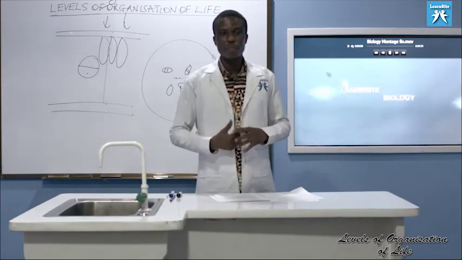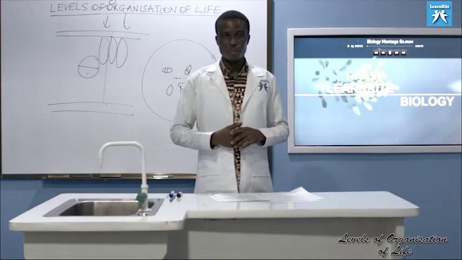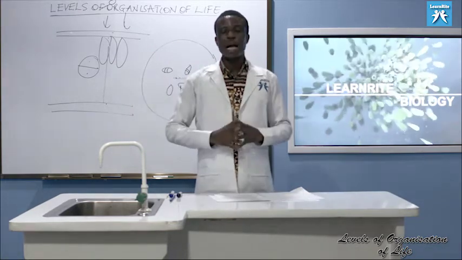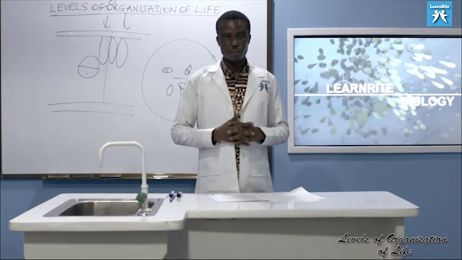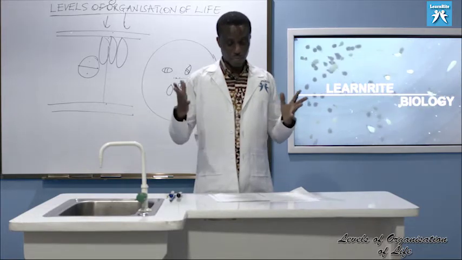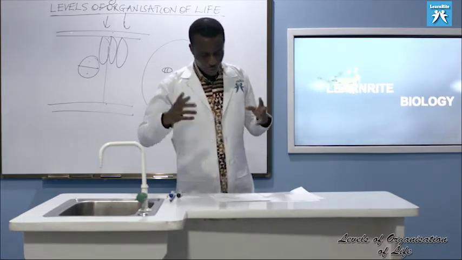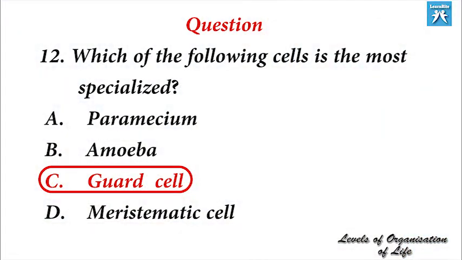There's a gap between them. But when they are fully stretched, the gap is closed. I hope it's clear. So guard cells are specialized to control opening and closure of the stoma.